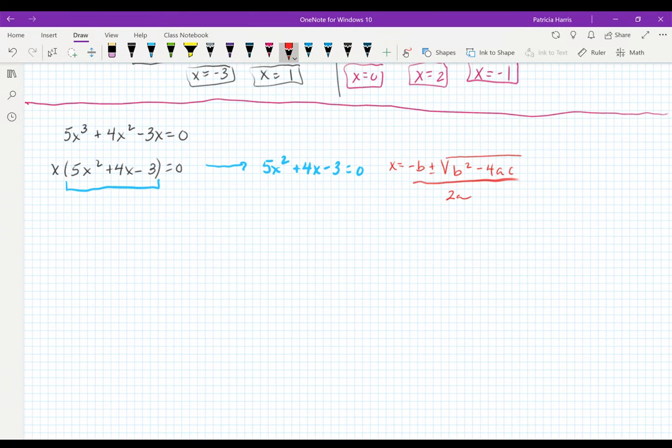All right, let's see what that gets us. x is equal to negative 4 plus or minus 4 squared minus 4 times 5 times a negative 3 all over 2 times 5.